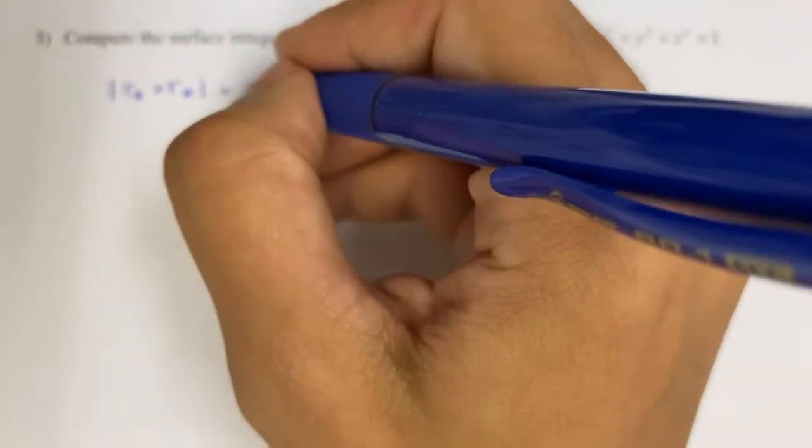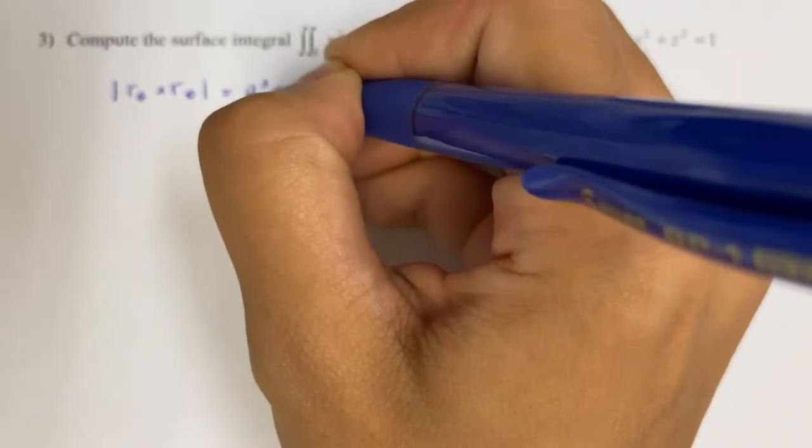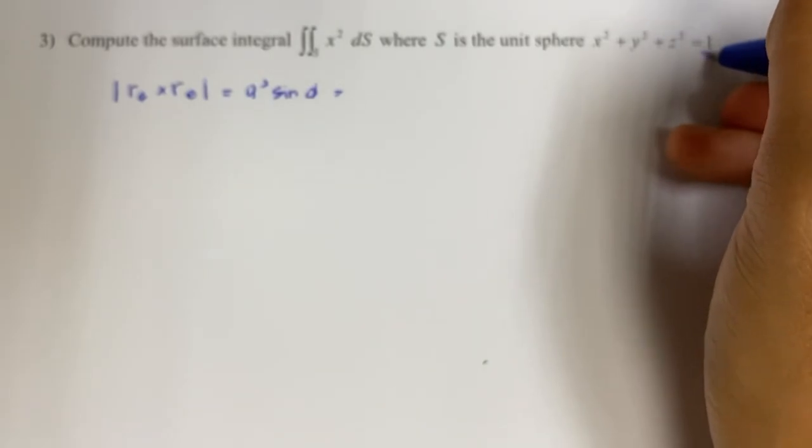Okay, so you know this is equal to a square sine phi, and our a is 1.